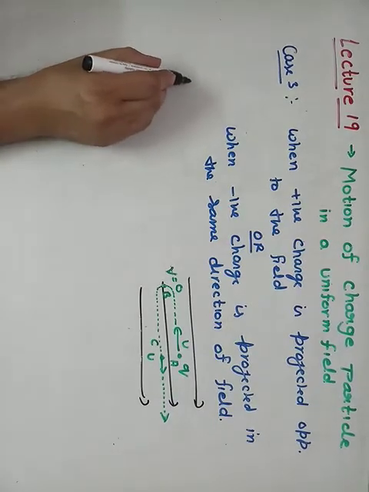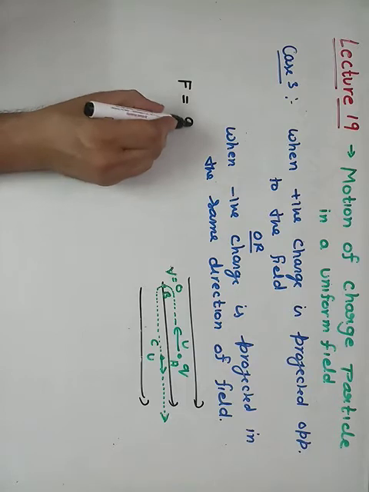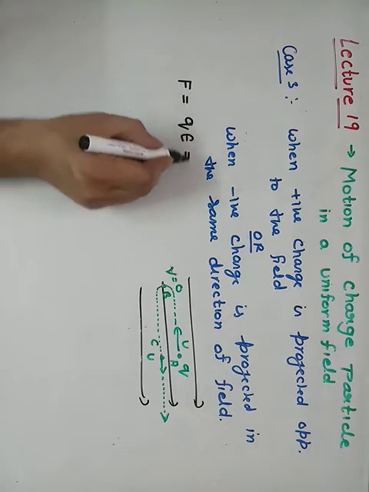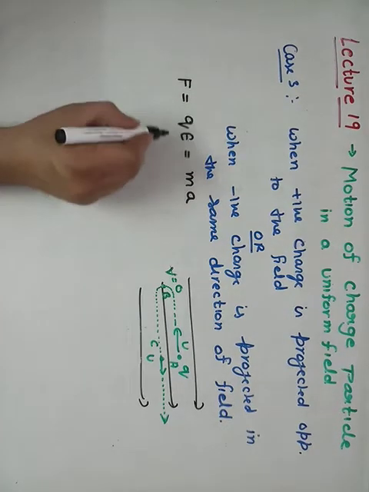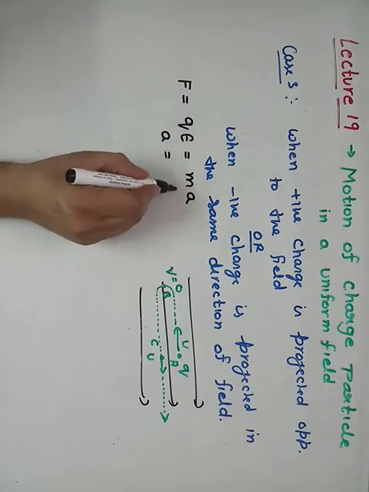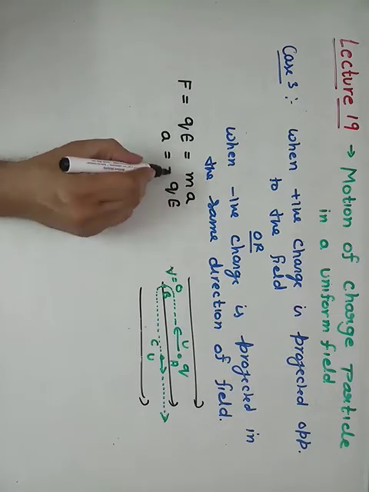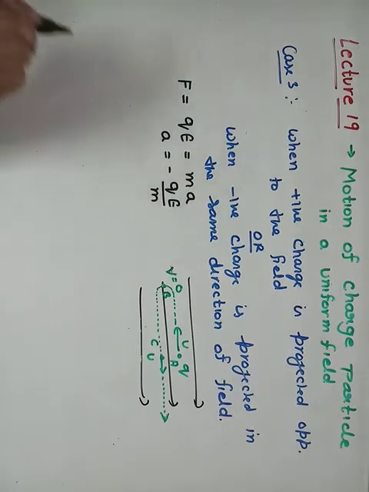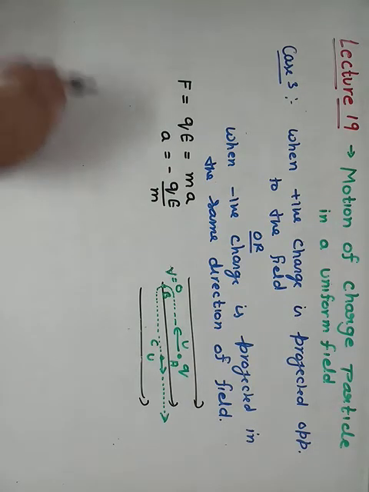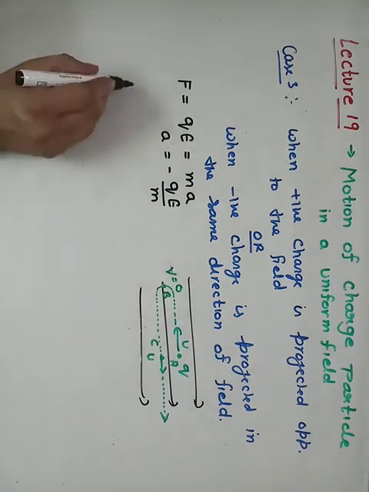Now it experiences a retarding force. The formula is the same, F equals QE, which is equal to MA. Retardation is QE by M. We can put a negative sign. After some distance it comes to rest.